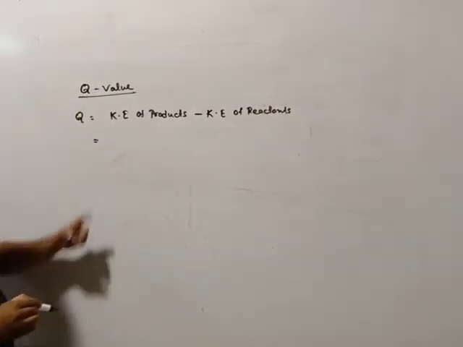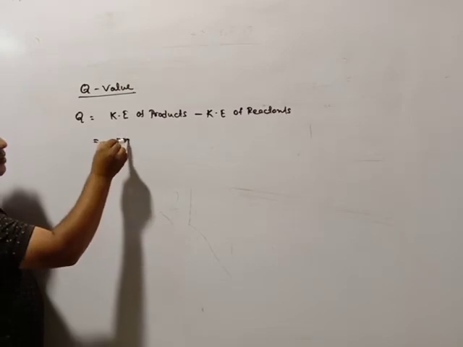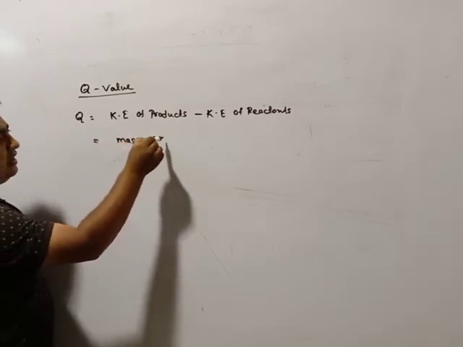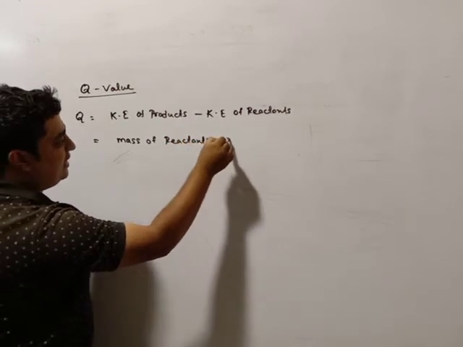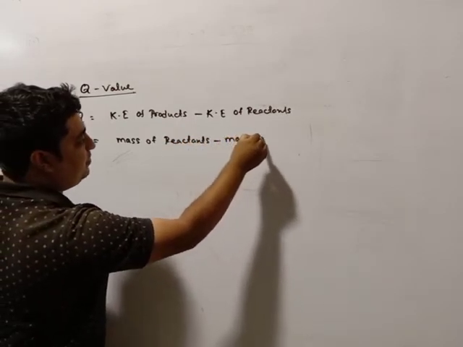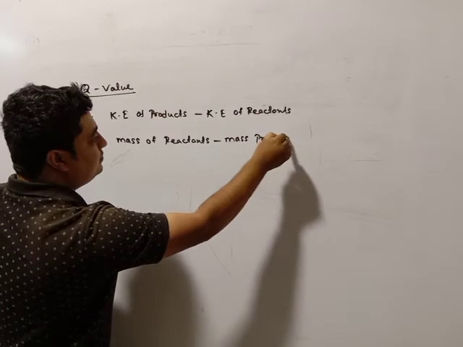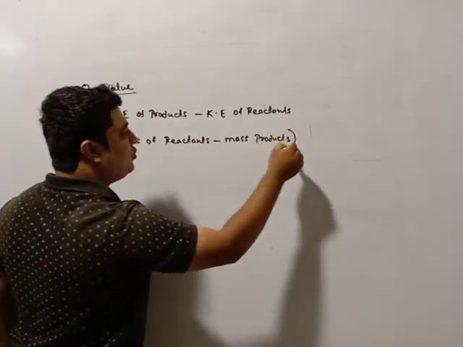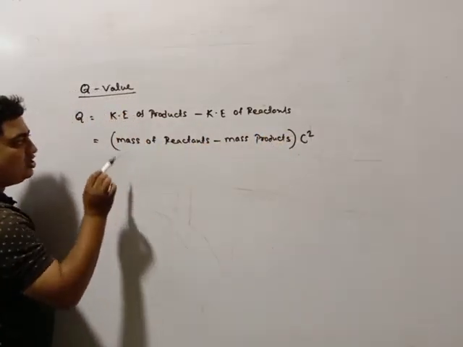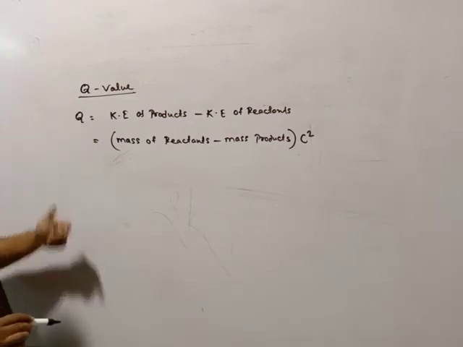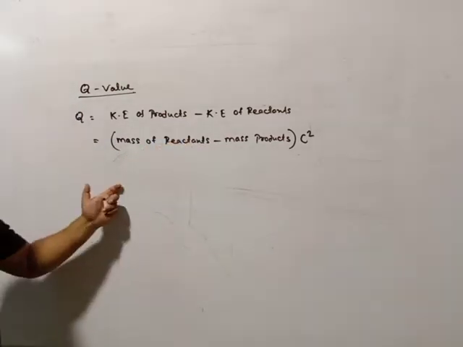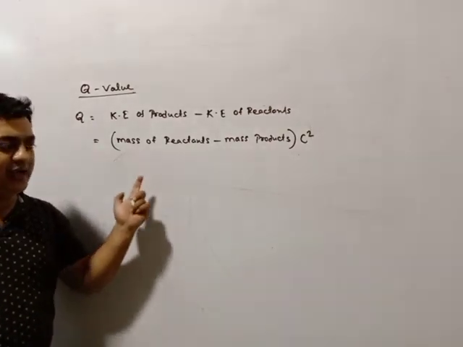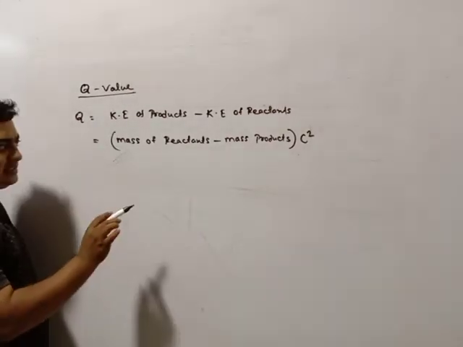It can be written as mass of reactants minus mass of products, whole into C square, because in a nuclear reaction, in general, some mass can be converted into energy or some amount of energy is converted into mass.